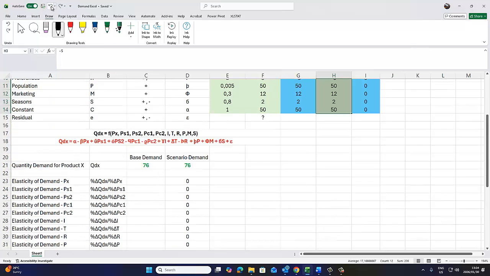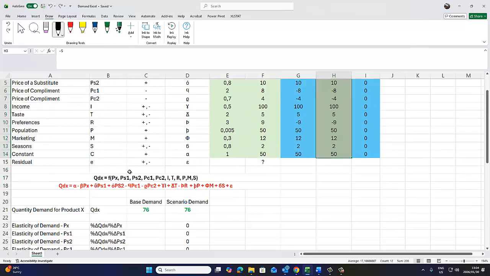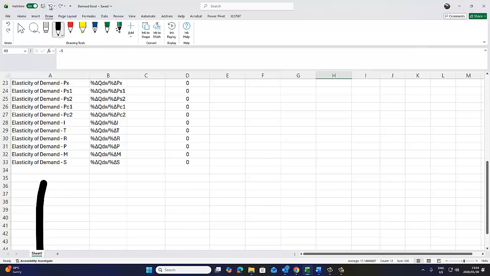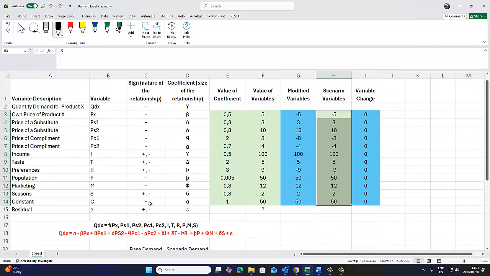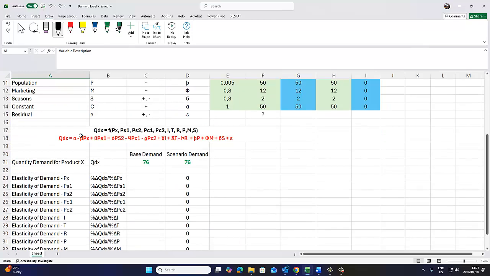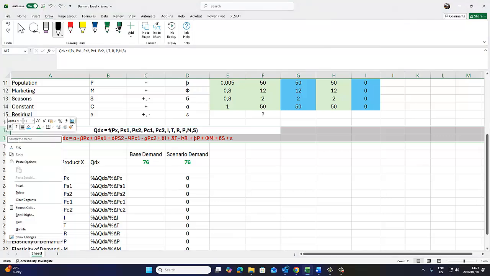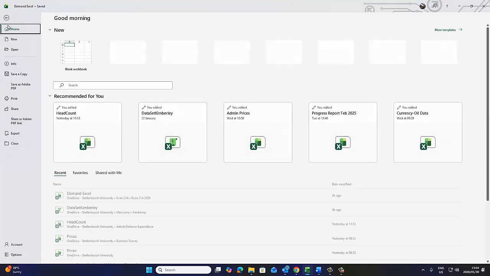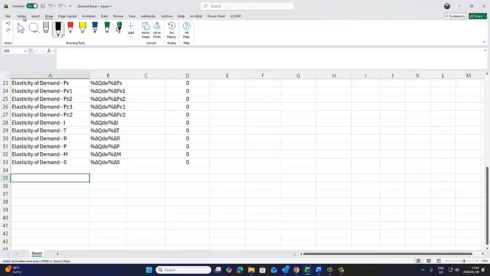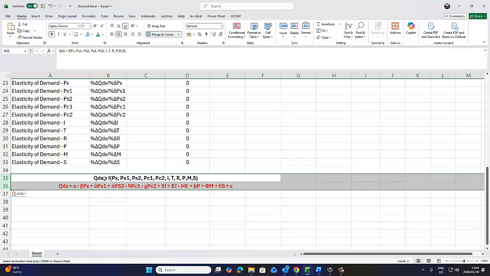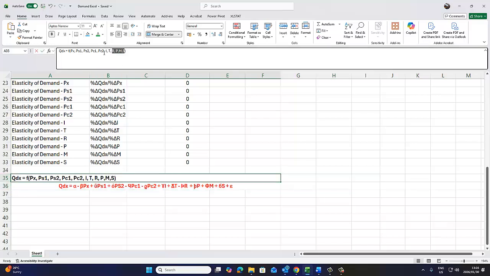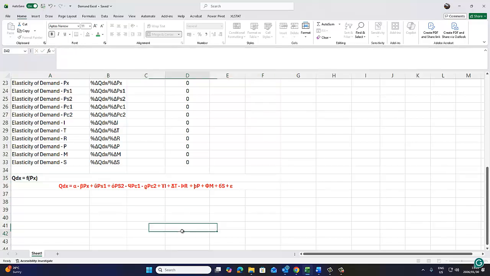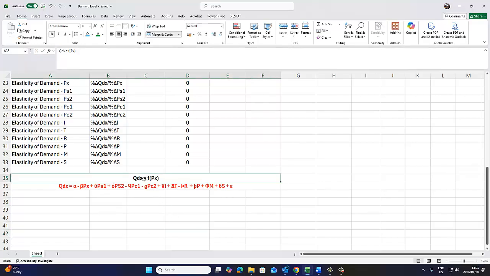Equation. Now to do that, we have to go to our basic demand function, which says that demand is only a function of price.